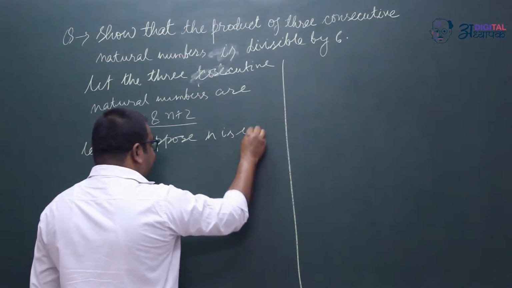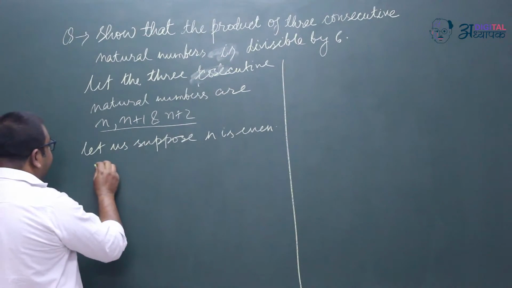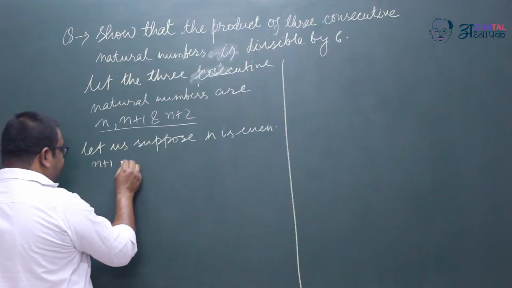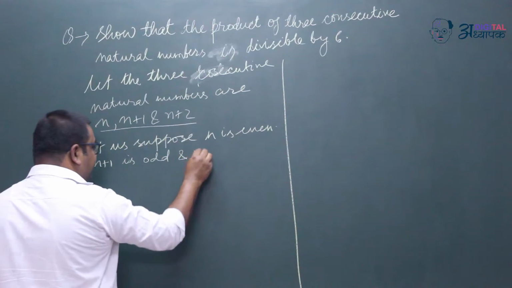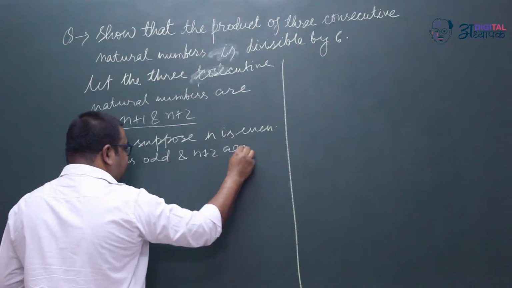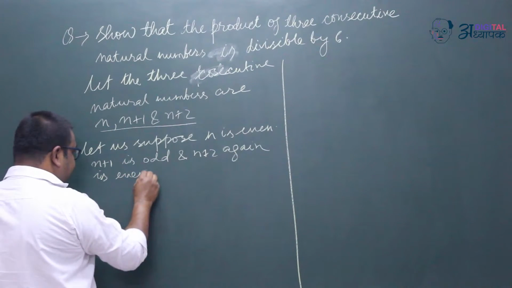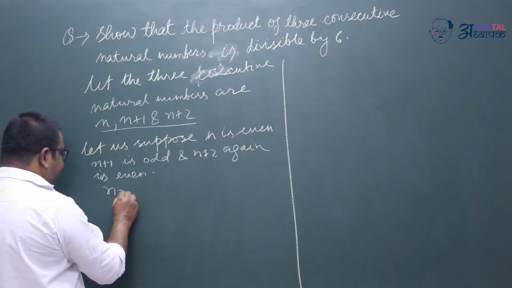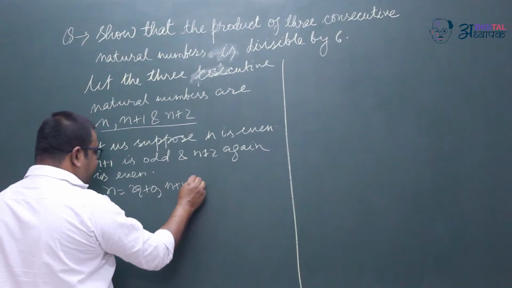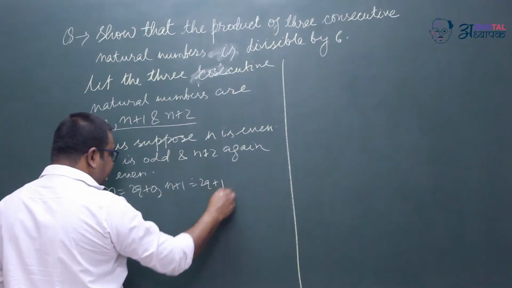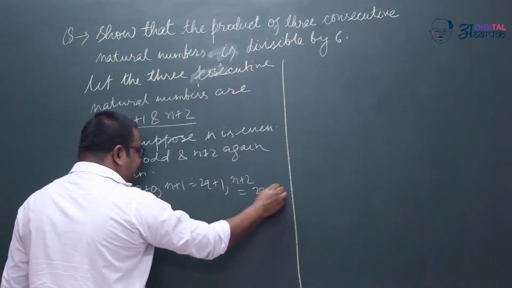n is even. Now if n is even, then n plus 1 is odd and n plus 2 again is even. So that means n is equal to 2q plus 0, n plus 1 is equal to 2q plus 1, and n plus 2 again is even.